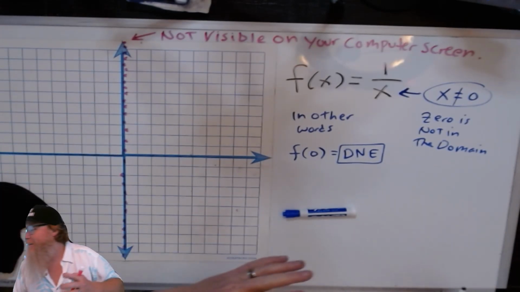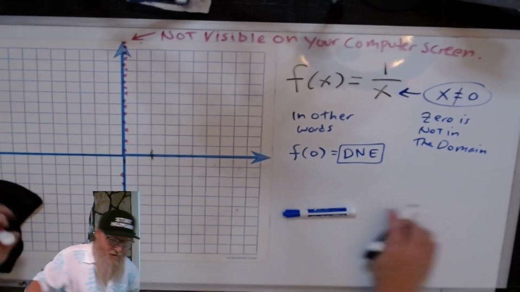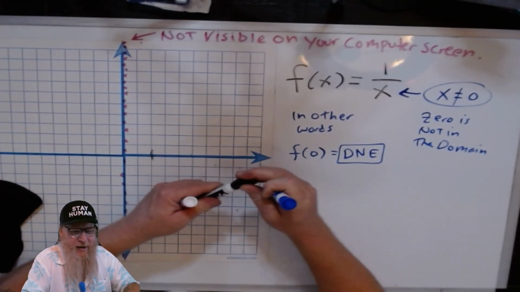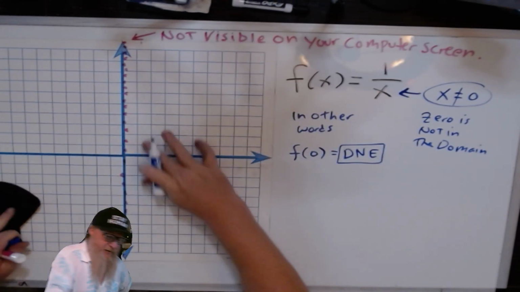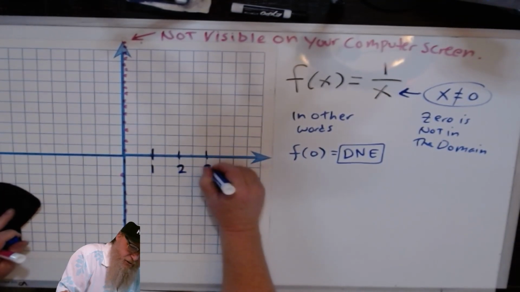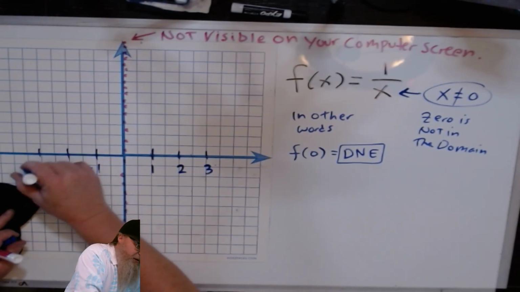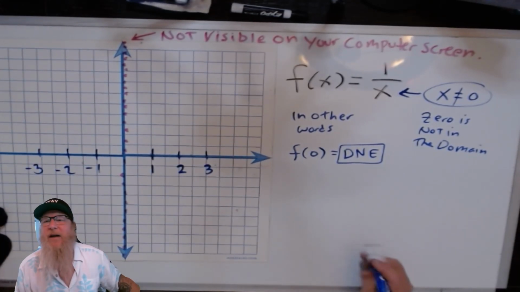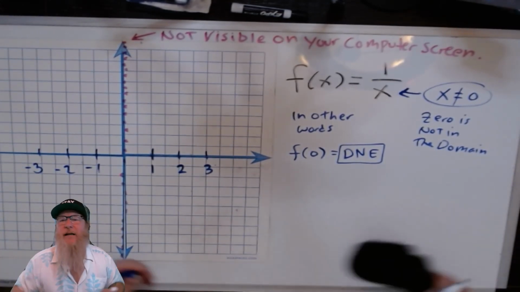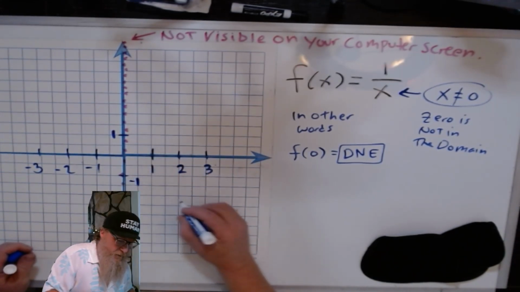What you'll actually see is something like this. Now, just to make it abundantly clear, I'm going to stretch my scale out a little bit. And I'm going to make that 1 and 2 and 3, -1 and -2 and -3, like that, just to make the graph a little bit more exaggerated. All right, and then this is 1, -1, and so on and so forth.